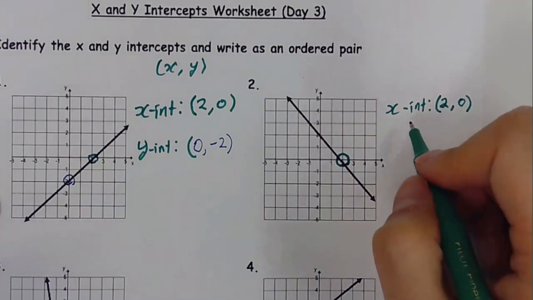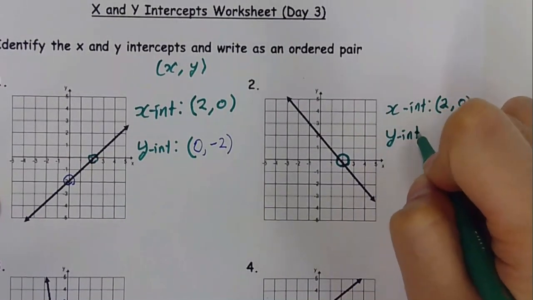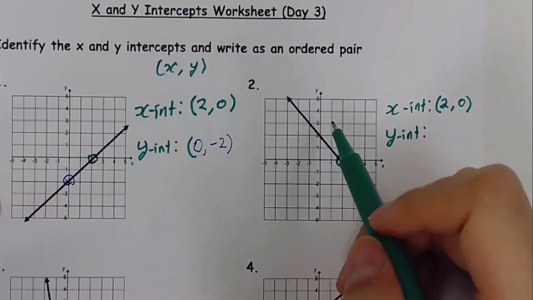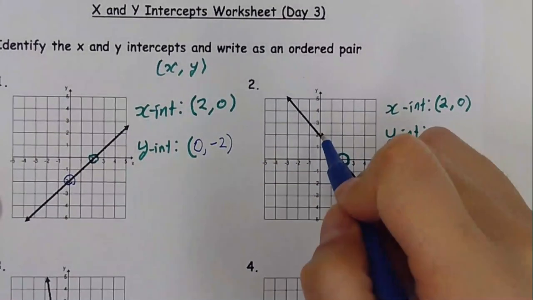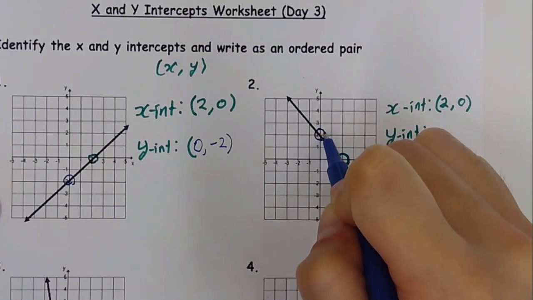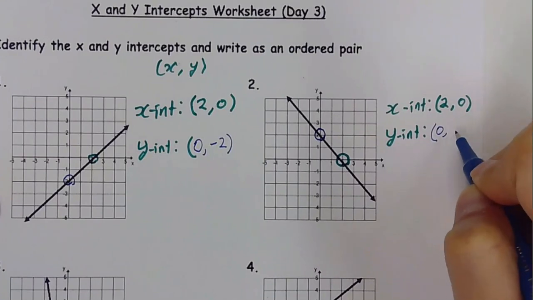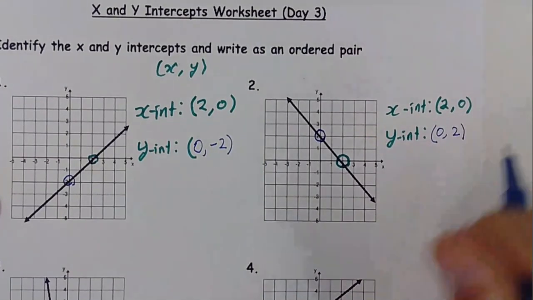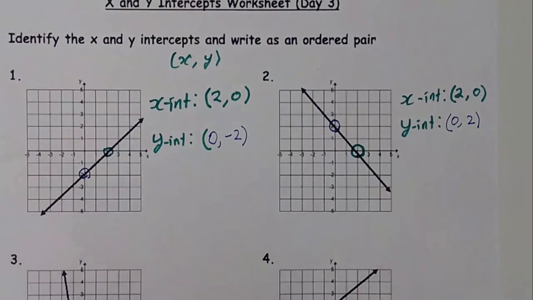So the x-intercept is at the point 2, 0. And the y-intercept is at the point where the graph meets the y-axis, which is this point over here, which has the coordinates 0, 2. So from here, do you notice anything?